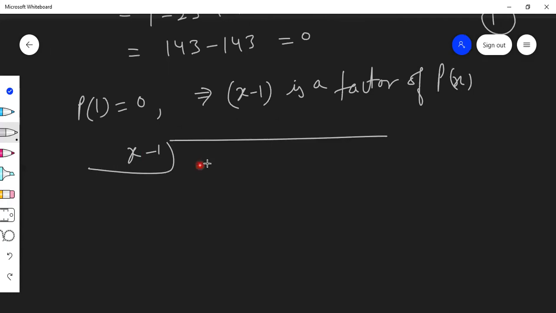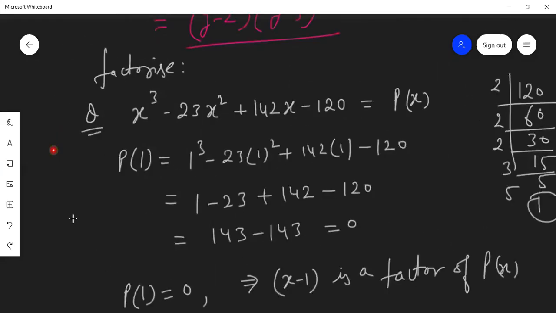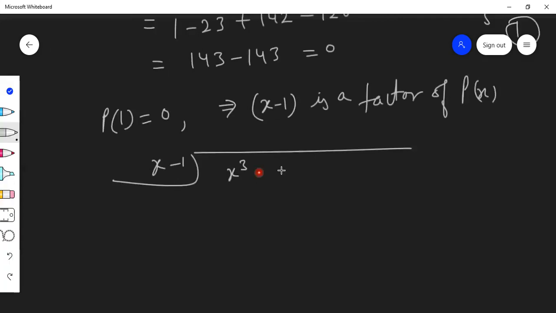And our px we will write here, which is x cube minus 23x squared plus 142x minus 120.